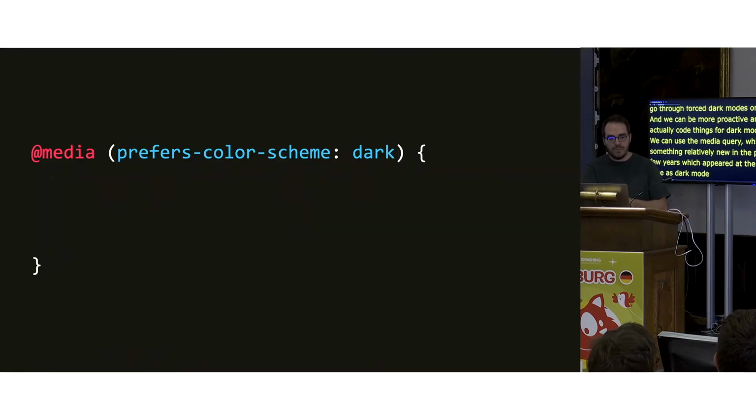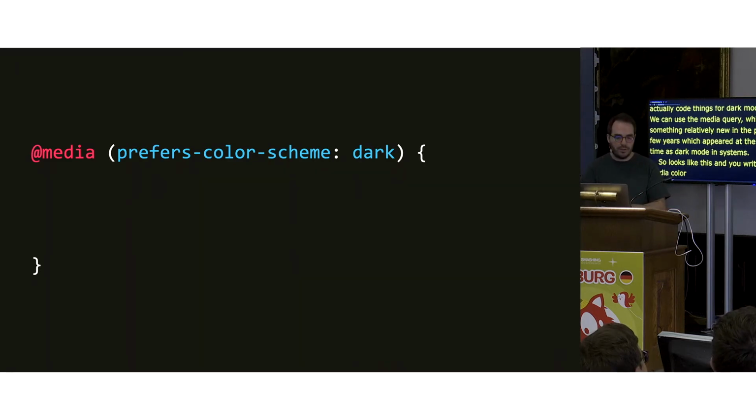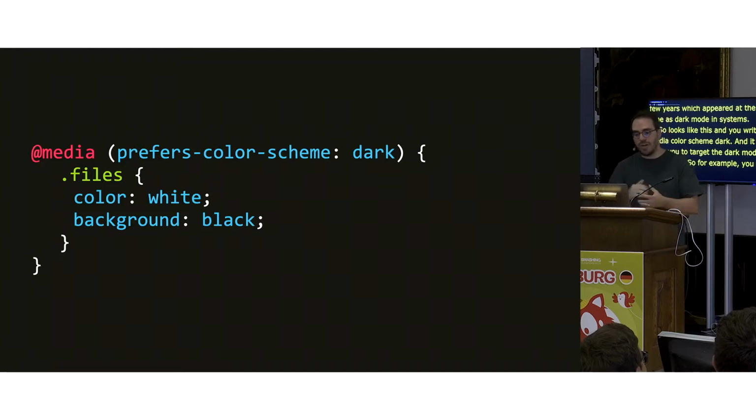So it looks like this. You write @media prefers-color-scheme: dark, and so every CSS rule inside it will allow you to target the dark mode specifically. So, for example, you can add all your styles and change your background color to black and your text color to white.